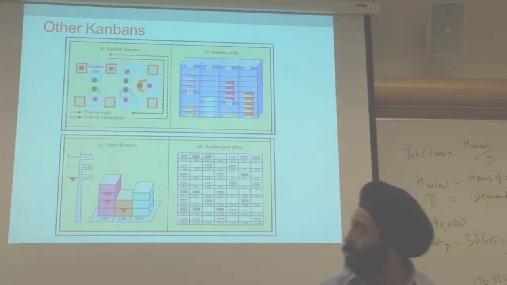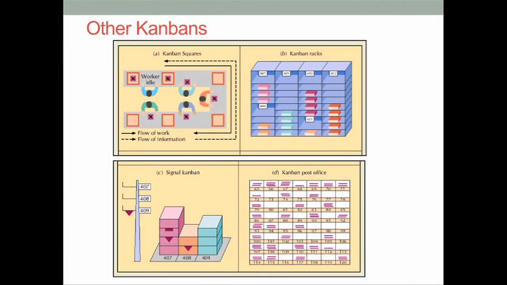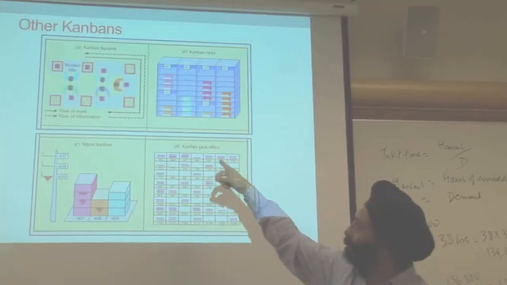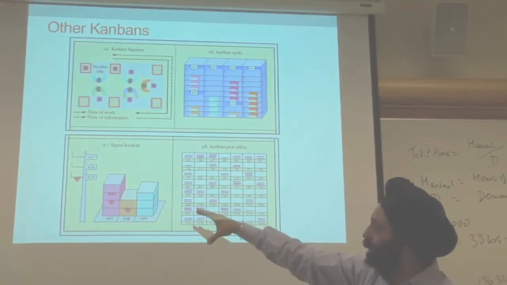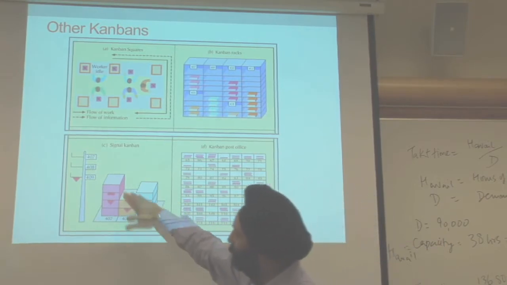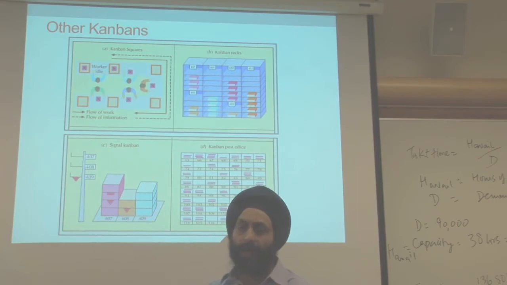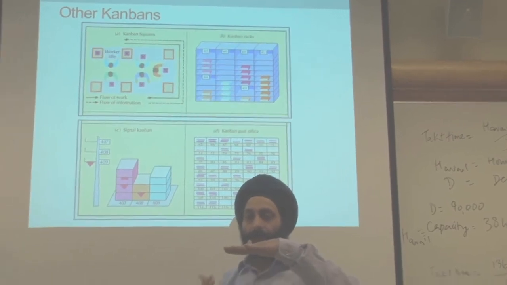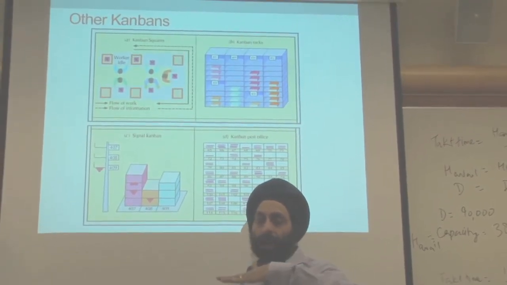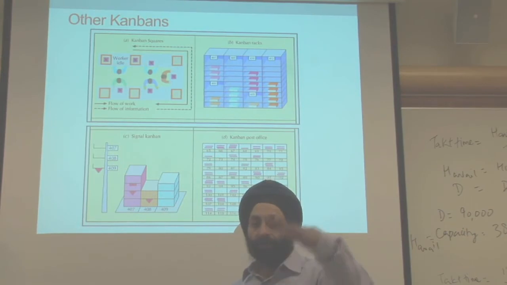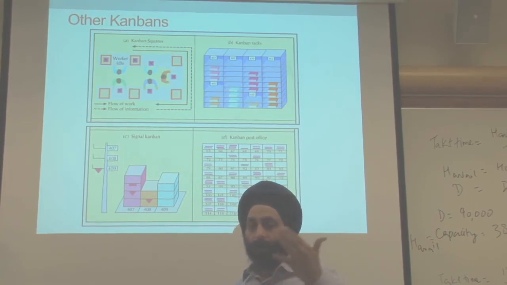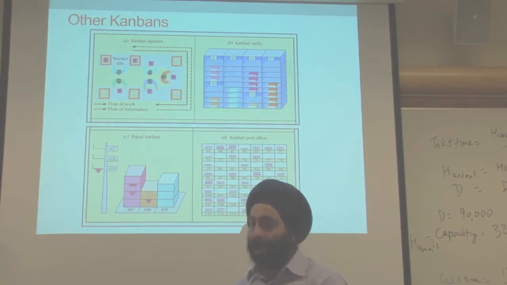Other types of Kanban are the Kanban squares, where items are produced in a certain square, or Kanban racks, if you will. And there is another variation of signal Kanban that is actually a flag, similar to what you see in state fairs, where you have the height rack. If a teenager or a kid does not meet a certain height requirement, they cannot go through to the Ferris wheel or some minimum height requirement rides.